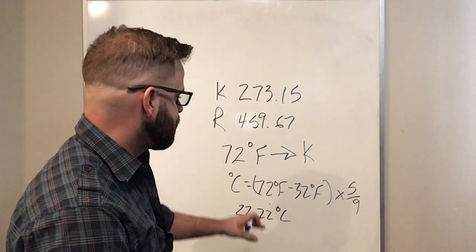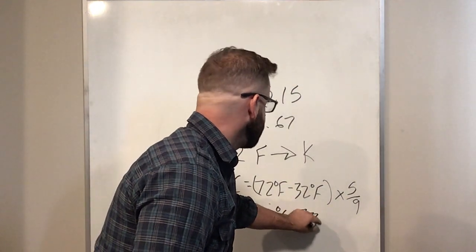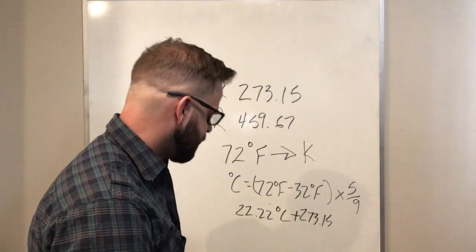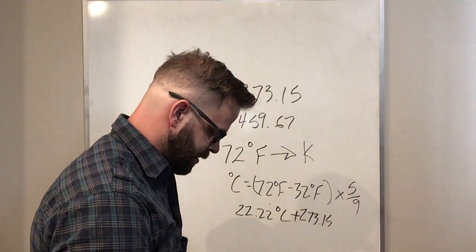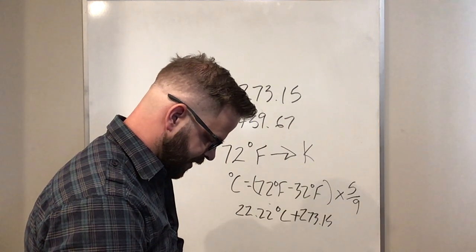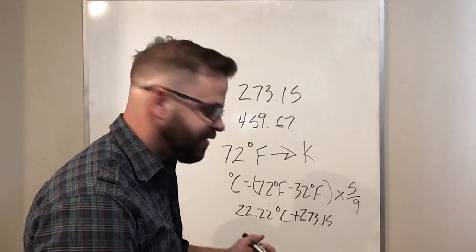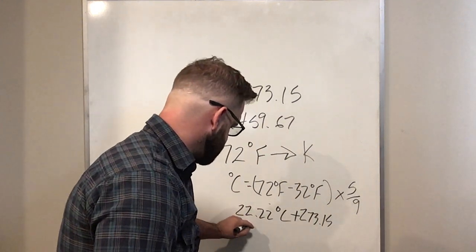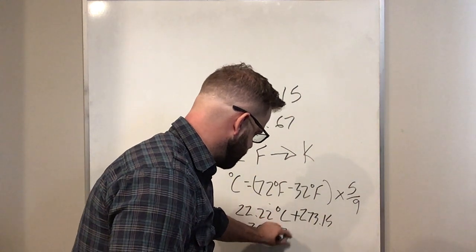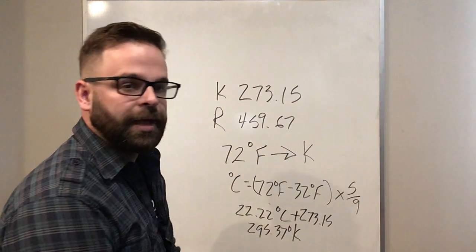And then all we need to do is add our 273.15 to that, and we get a value in Kelvin, so plus 273.15, so that gives us 295.37 degrees Kelvin. So not too bad to go between those.